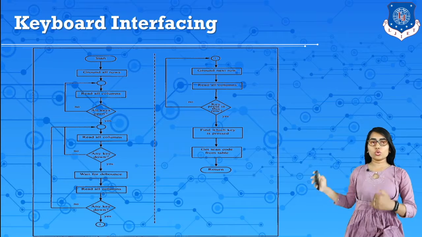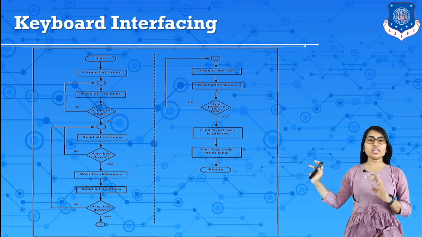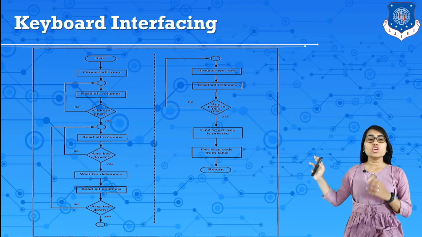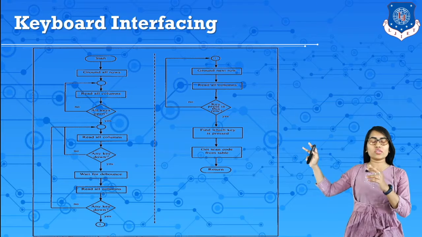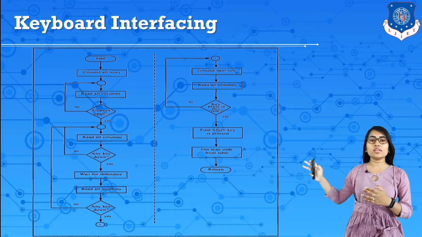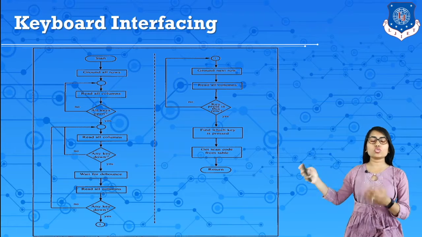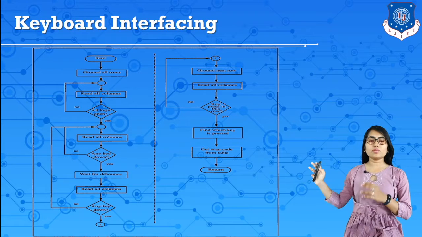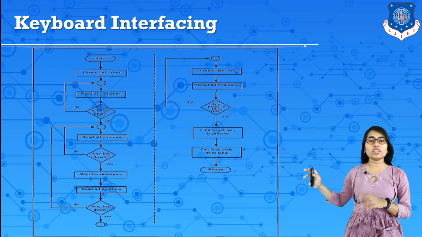If yes, go to the next step; if not, read all the columns again, continuously checking until a key is found pressed. If all keys are open, it goes to the next condition and reads all columns, then checks whether any key is down. If no key is down, it reads all the columns again, and if any key is down, it waits for debounce.